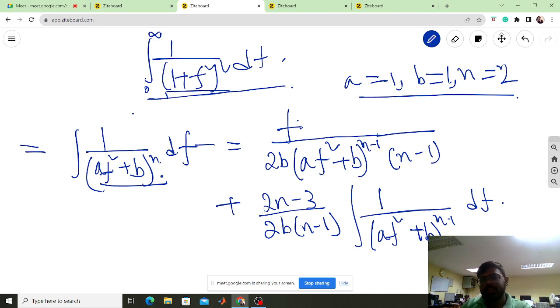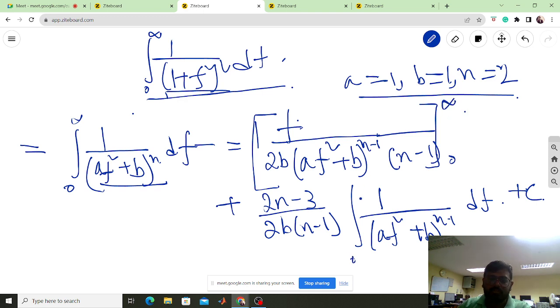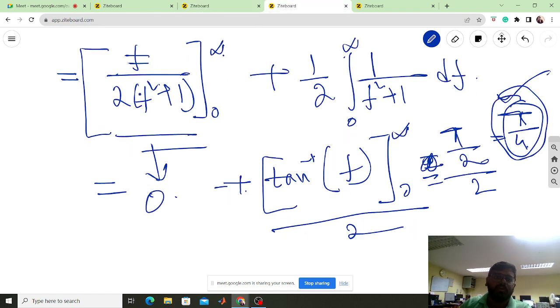If we apply this reduction formula and do some integration, it will come like this, plus c for an indefinite integral. Here we are doing a definite integral, so you can say this comes from 0 to infinity, without using the c term, and then we just solve this equation. In this way, if you solve, it will come pi by 4.